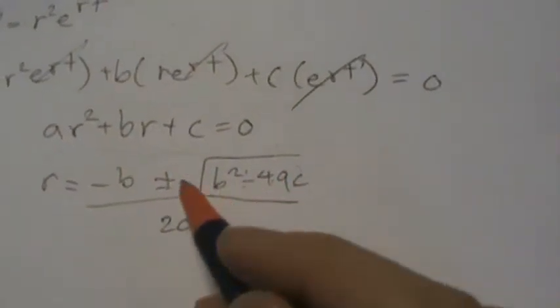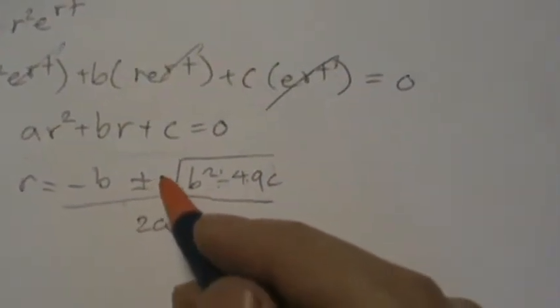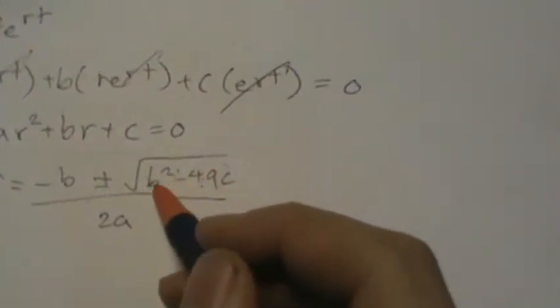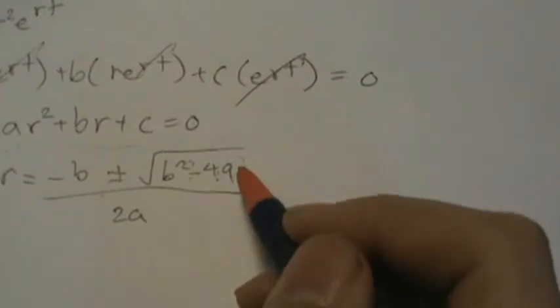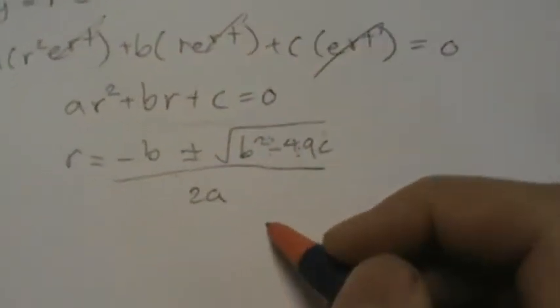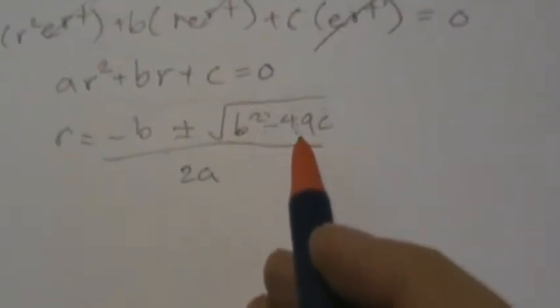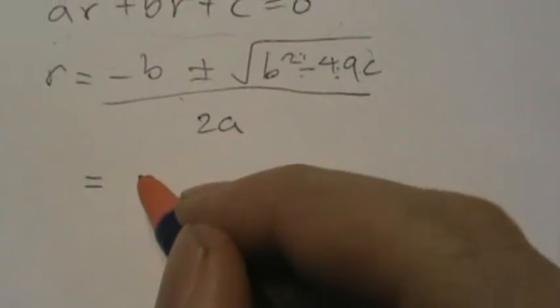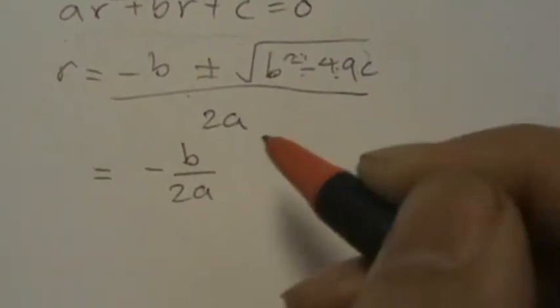When it's 0, you have one double root. And another one is when b squared minus 4ac is negative, then we have complex roots. But in this case, we're gonna assume that b squared minus 4ac is 0. So the only r that you're gonna have is negative b over 2a.